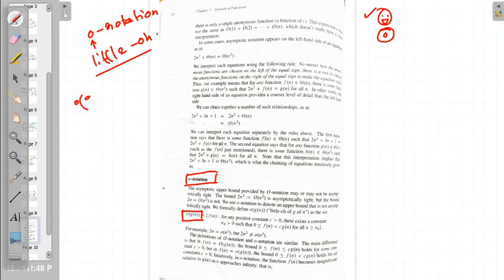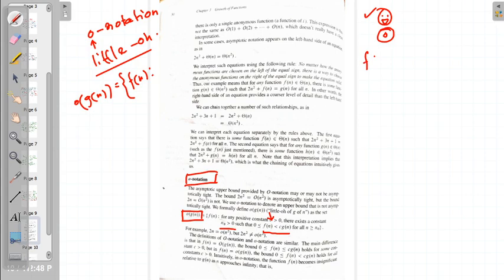small o of g(n), small o of g(n), equal to a set of functions f(n) such that this condition is satisfied: for every positive constant c greater than 0, there exists a constant n0 greater than 0 such that f(n) is strictly less than c times g(n).